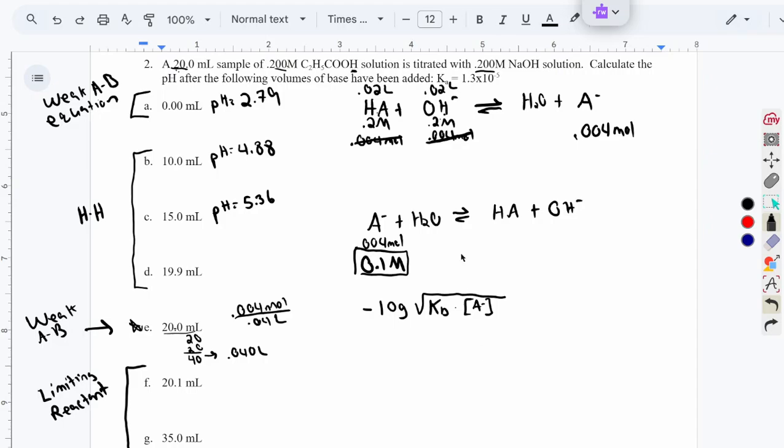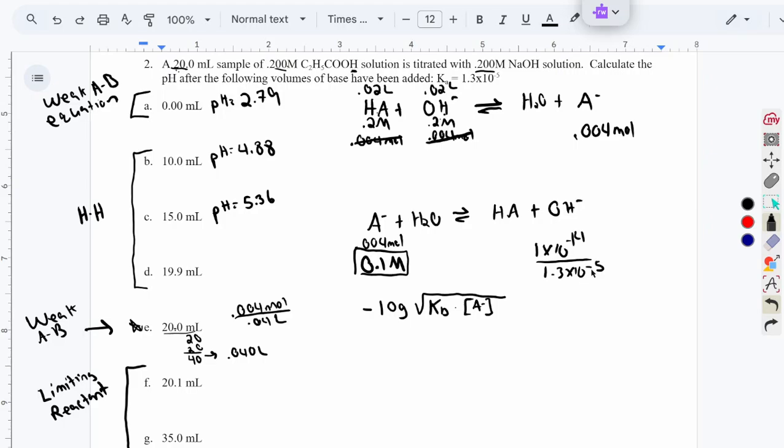What is Kb? Well, we have Ka, so to get Kb, we have to do 1 times 10 to the negative 14th divided by Ka, which is 1.3 times 10 to the negative 5th.